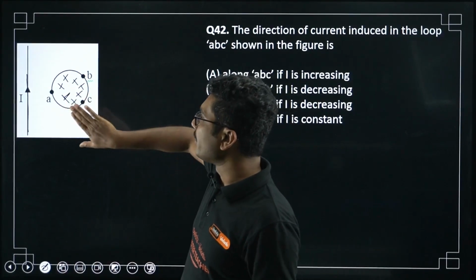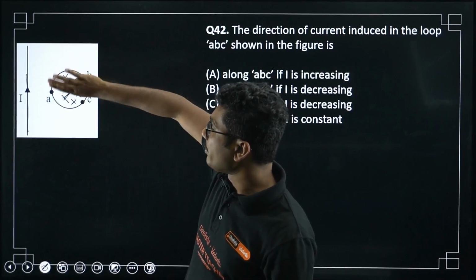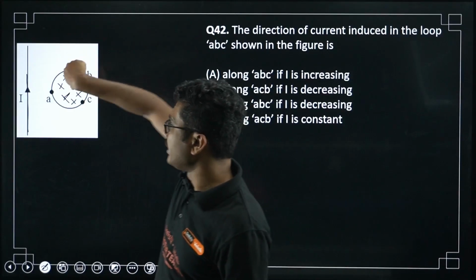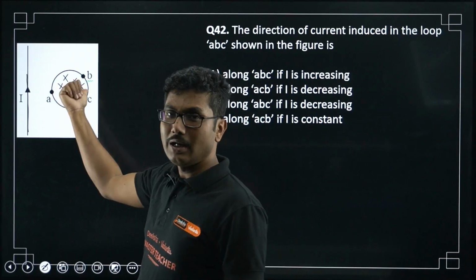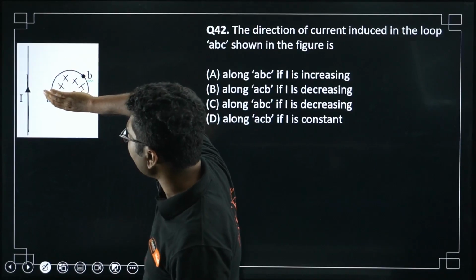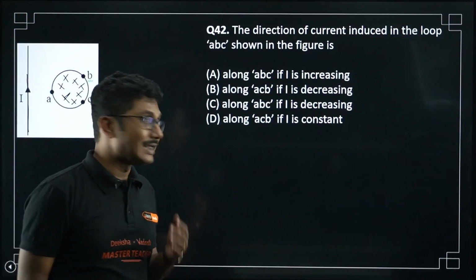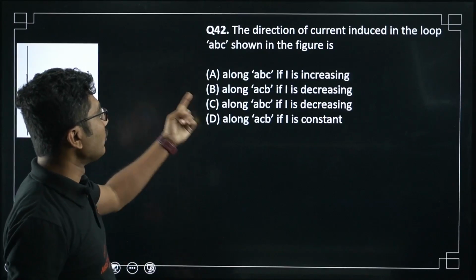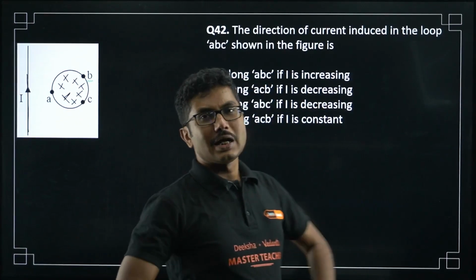So the induced magnetic field will be in the same direction, into the page of the paper. In that case, the current will be ABC if I is decreasing. Option C is the correct answer.